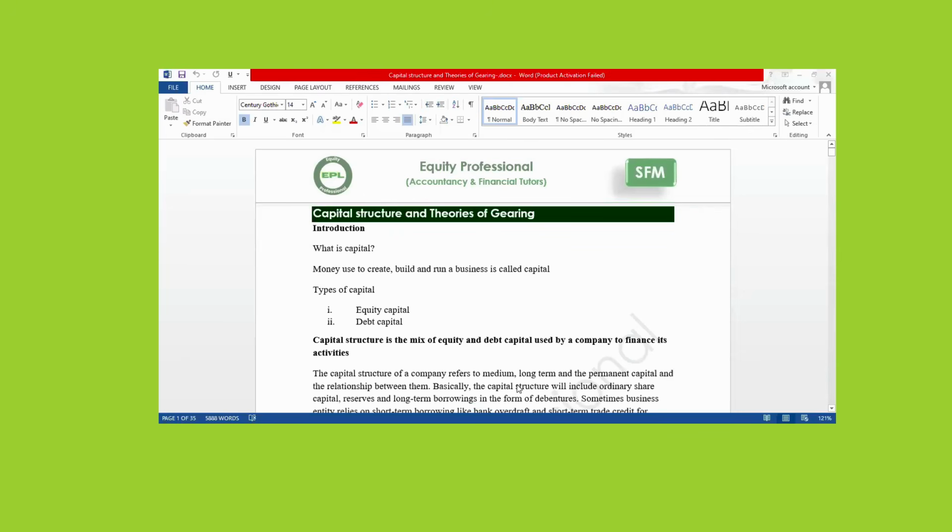Now, why are we interested in the choice of capital structure? You can choose to finance your business with your personal money. That is equity. Or you can finance your business with your equity and borrow money to support your business.